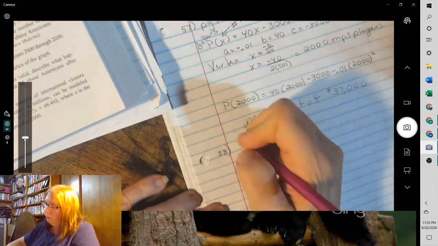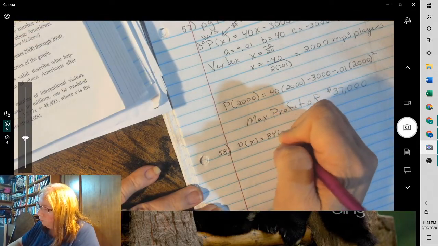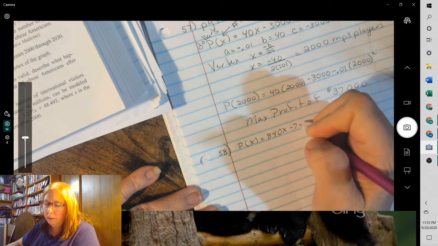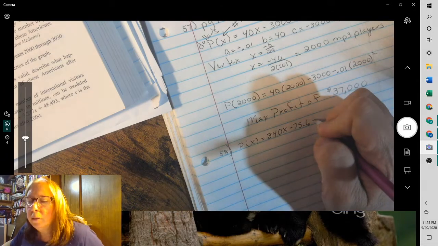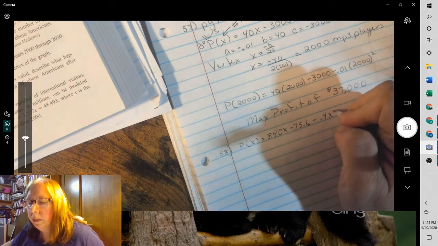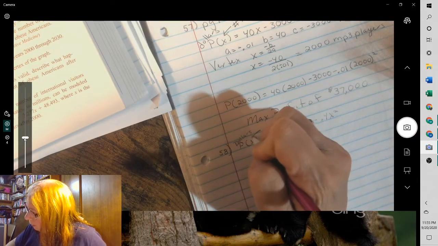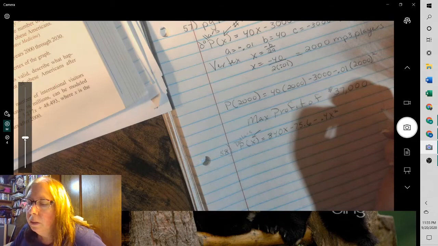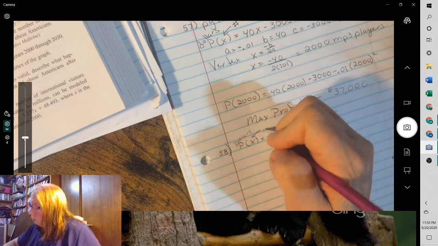So we have P of x equals 840x minus 75.6 minus 0.4, or 4/10, x squared. This is in dollars again, and x was the number of mowers produced and sold.